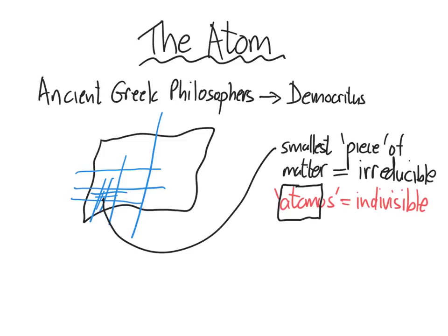But we know that in the 20th century, man developed atomic bombs in which atoms were fissioned or split. So we need to re-look at the definition of the atom.